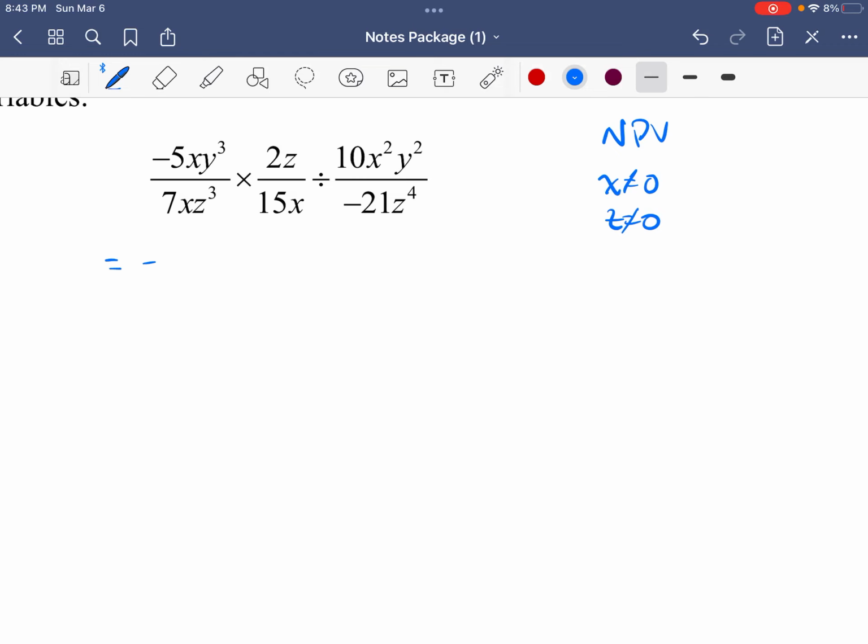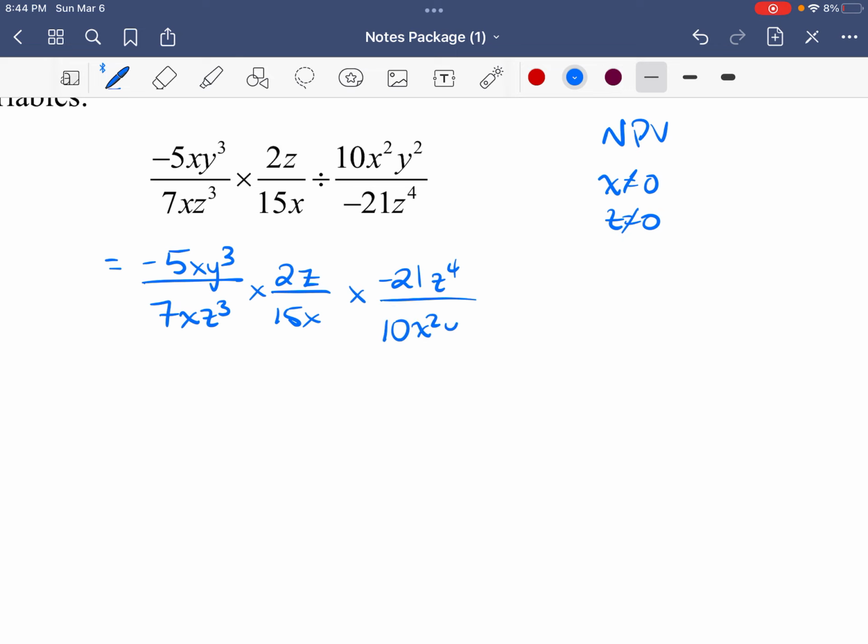So let us multiply by the reciprocal. This is where the negative 21z^4 comes up, and the 10x squared y squared goes down. Let's multiply our whole numerator and multiply our entire denominator.